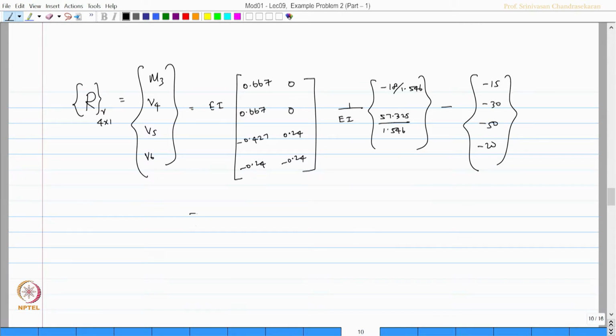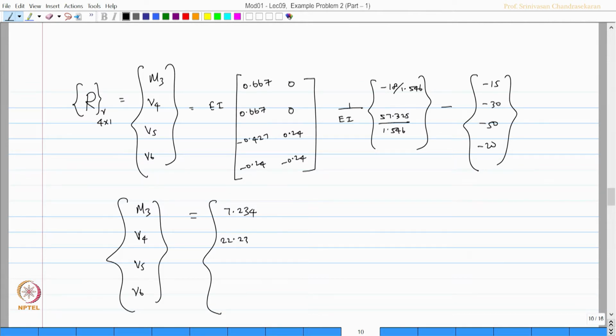If I do the simplification, I get M3, V4, V5 and V6 as 7.234, 22.234, 63.871 and 13.895.